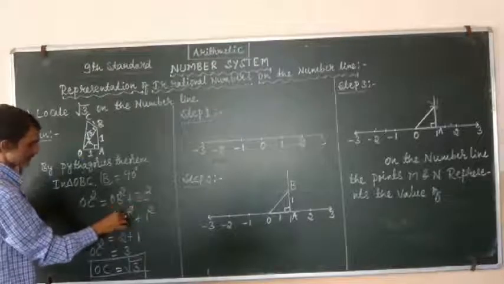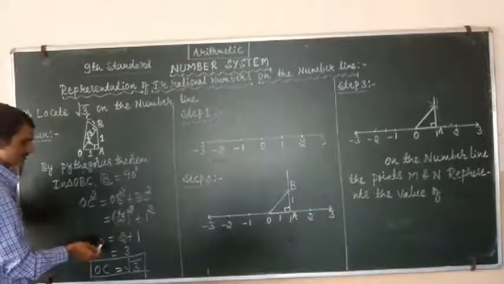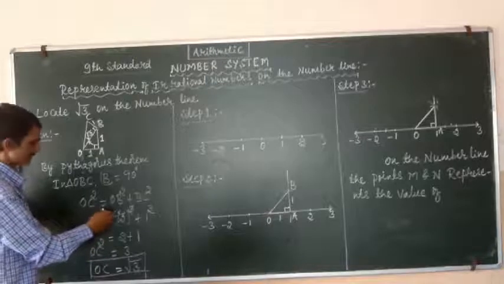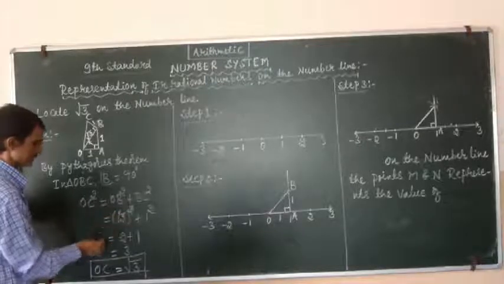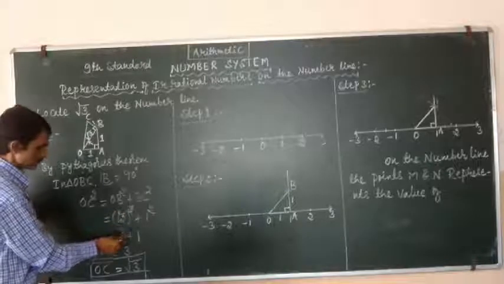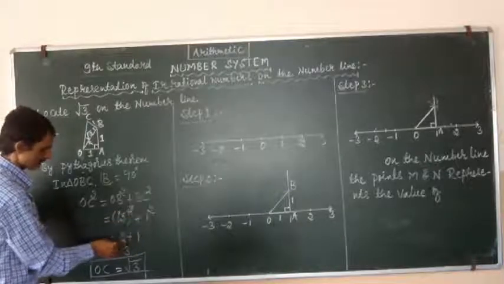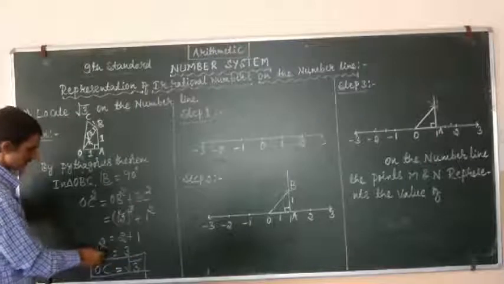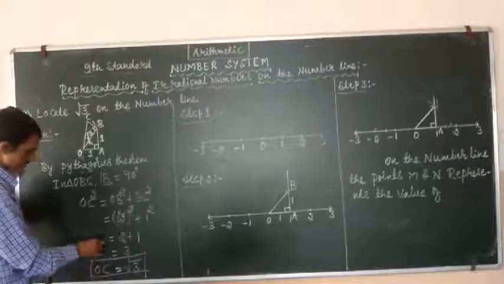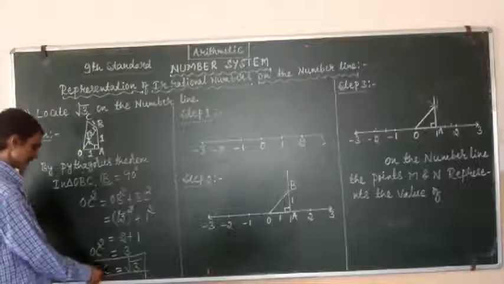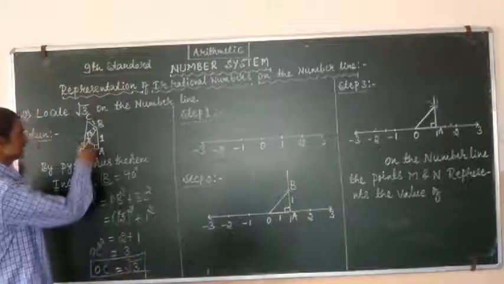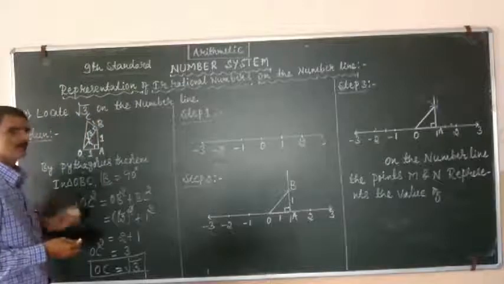The root and square get cancelled, as you have already studied in the 8th standard. It becomes 2 plus 1, which is 3. OC square equals 3. We remove the square and get the root on the right side. The value of OC is root 3.